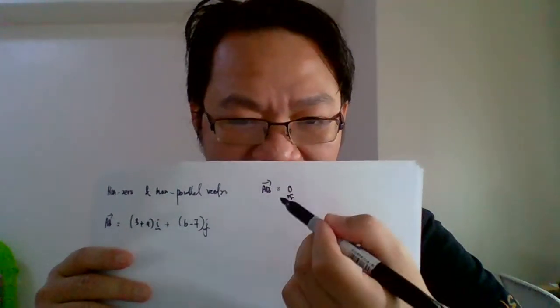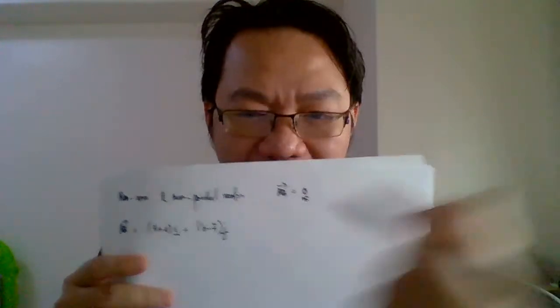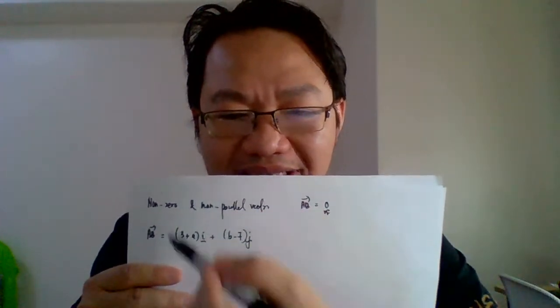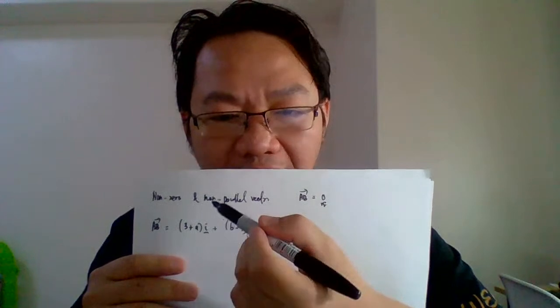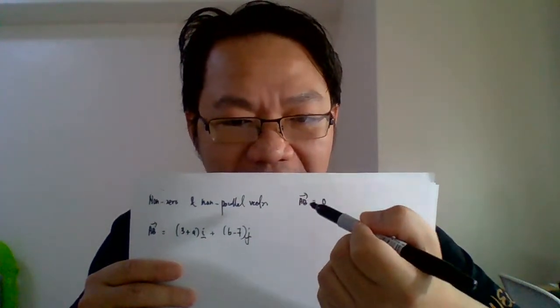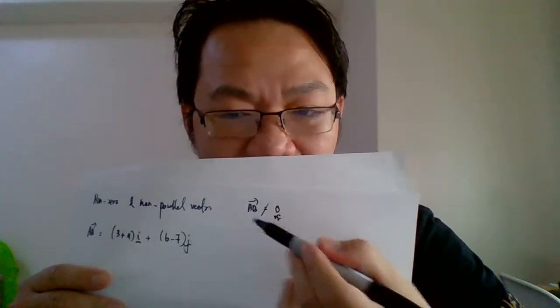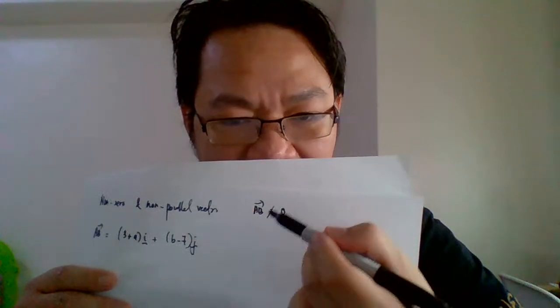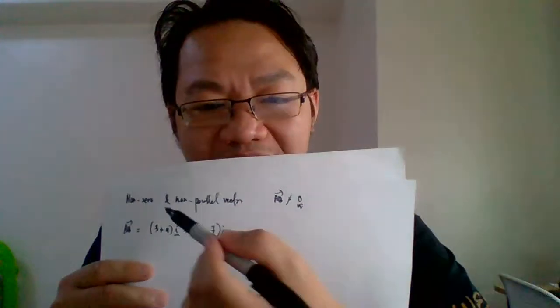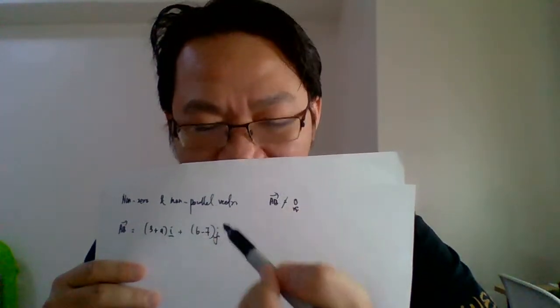Non-zero vector means AB equals something. It has a value. That is what we call non-zero. This is non-zero vector, number 1. When AB is not equal to 0, we call this a non-zero vector.